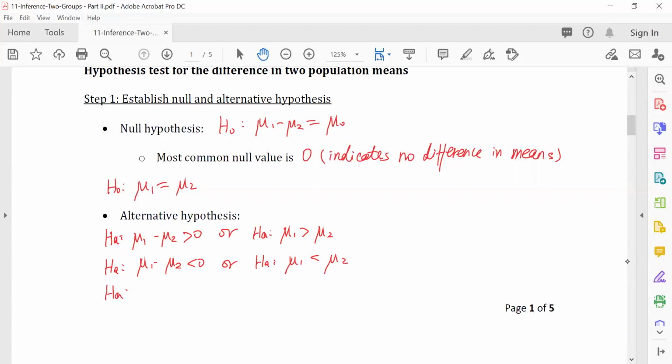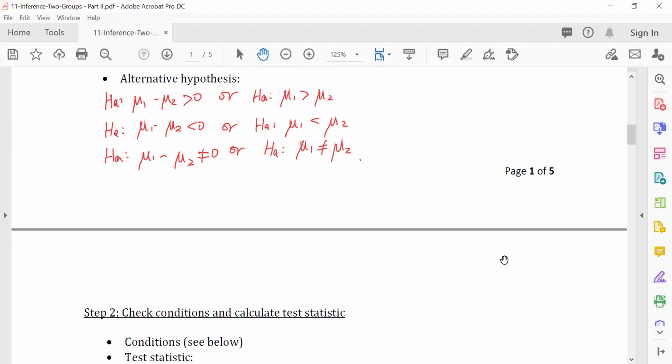Third form, not equal. If you have no problem with our handout 10 about the hypothesis test for mean for one population, then these should be very straightforward to you. So this is the first step.